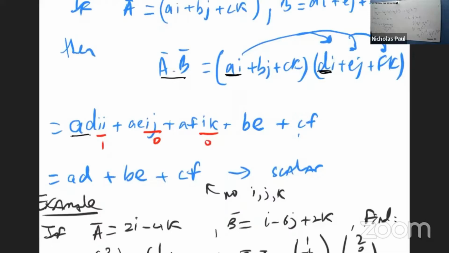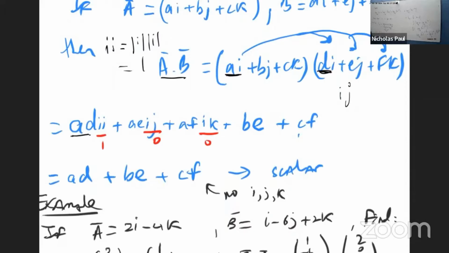A quick question. Anybody remember? i and i are parallel, right? When you multiply 2 parallel vectors, what do you get? You end up with the magnitudes multiplied, so the answer will be 1. i by i is 1, j by j is 1, k by k is 1. But i and j are what? Perpendicular. x and y are perpendicular, right?